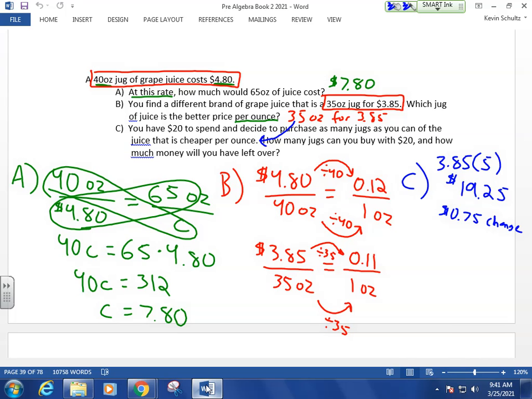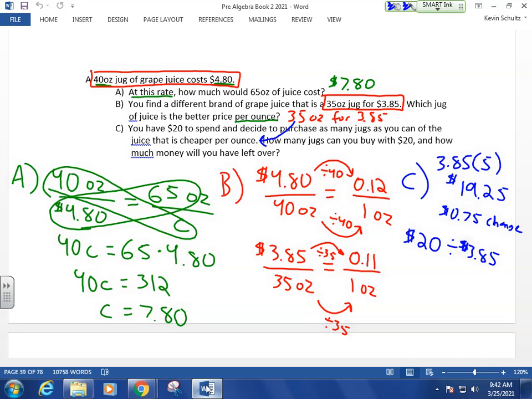Anyone have another method that they use here? Well, if we know the whole, which is $20, and we know the part, which is $3.85, right? The cost. Dividing 20 by 385 will tell us how many jugs we can buy.